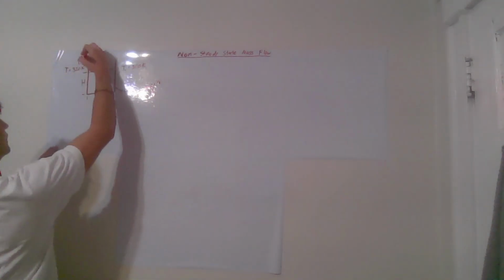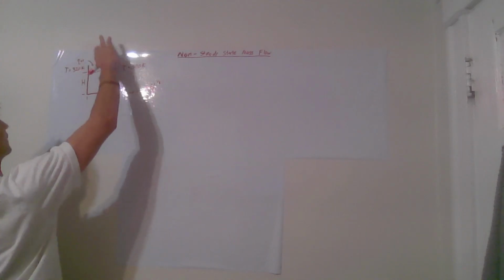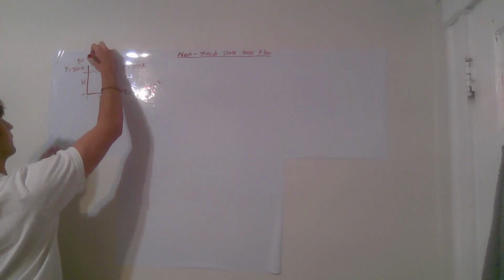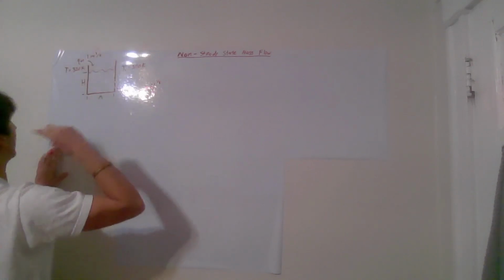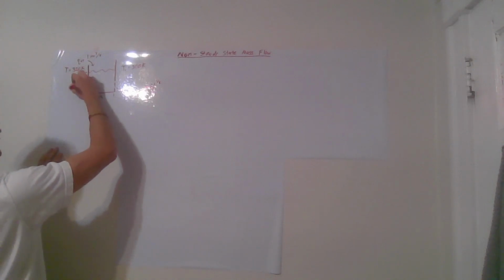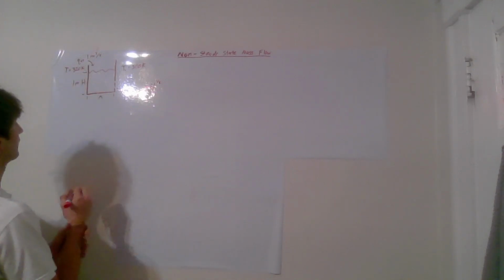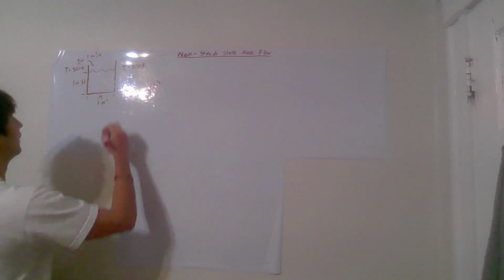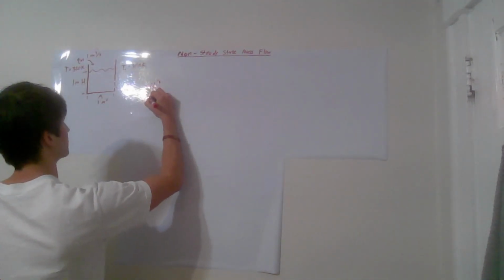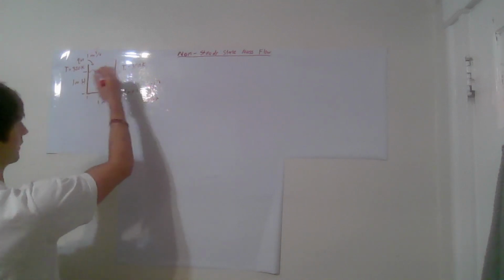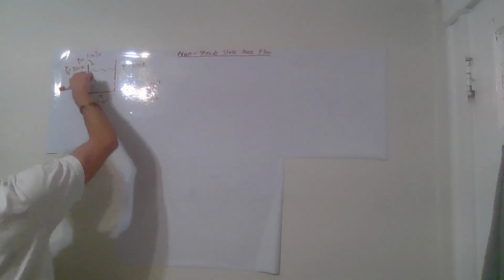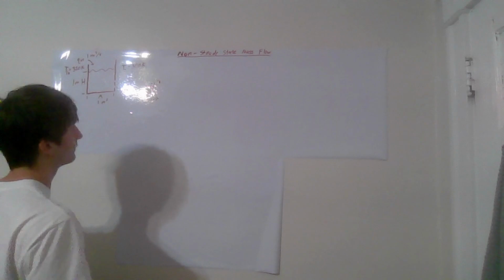Our flow rate in, we're going to start with a given 1 cubic meter per second, an initial height of 1 meter, and a cross-sectional area of 1 meter squared. We also need our temperature going out, which is just going to be the temperature of the system. And this is also going to be our T going in, which is 320 Kelvin.